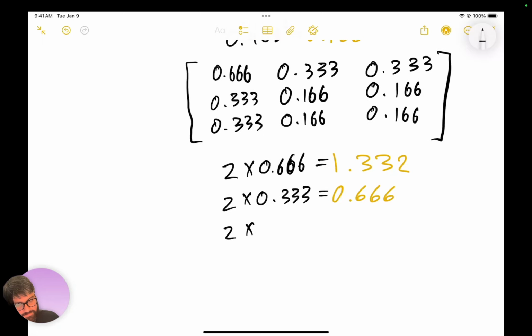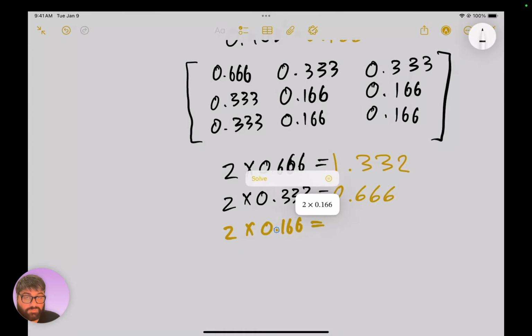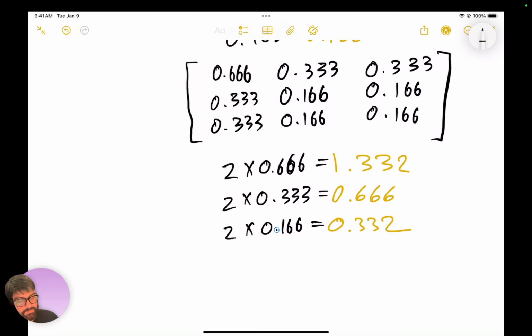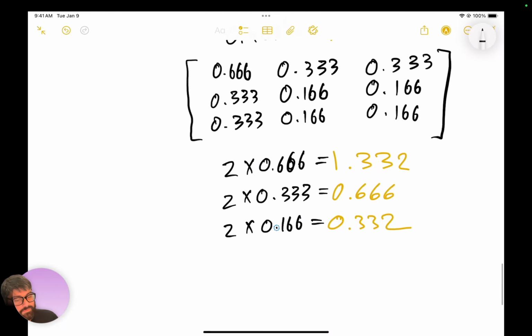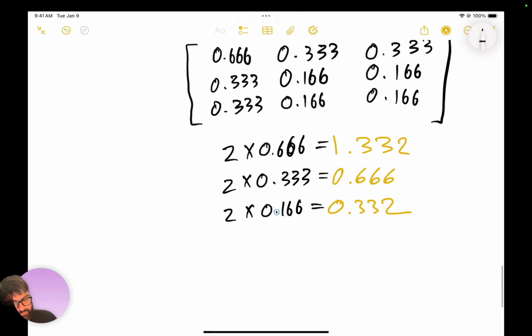These are the only three numbers we need right now, because this is a fairly repetitive matrix. So 2UUT, aka 2 times the outer product, is essentially this matrix multiplied by 2.